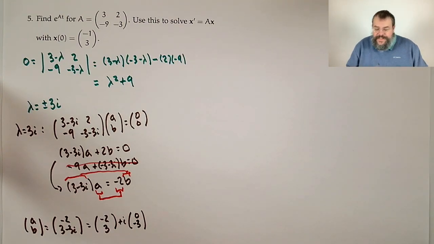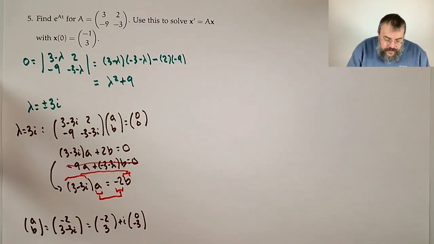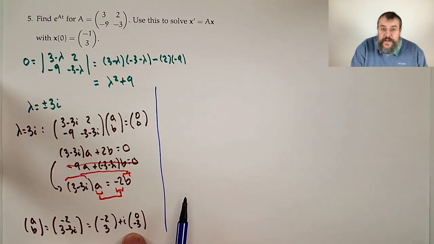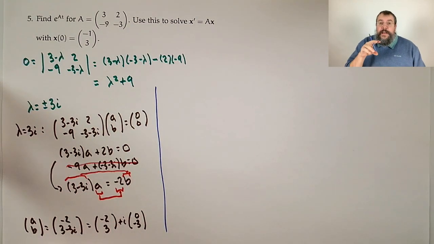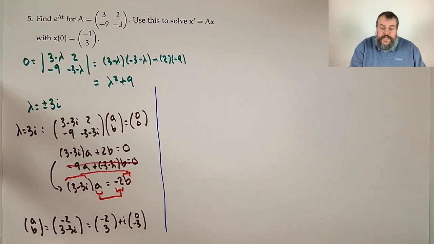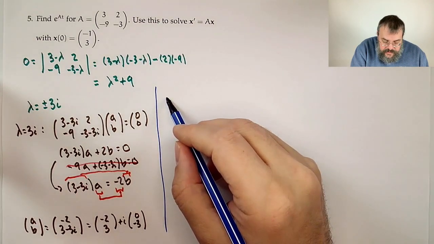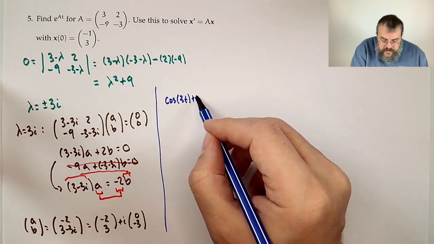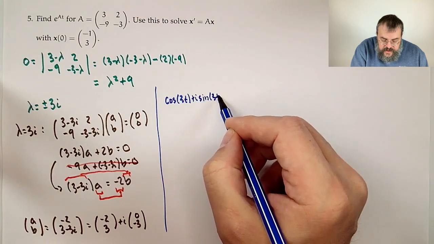Now, the magic. What we're going to do is take this eigenvalue and eigenvector together and use them to find our two solutions. The way it happens, lambda equals 3i, so we would do e to the lambda t, but using some basic facts, that's cosine 3t plus i sine 3t.